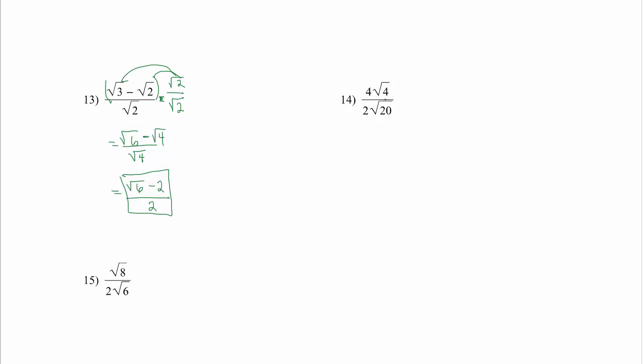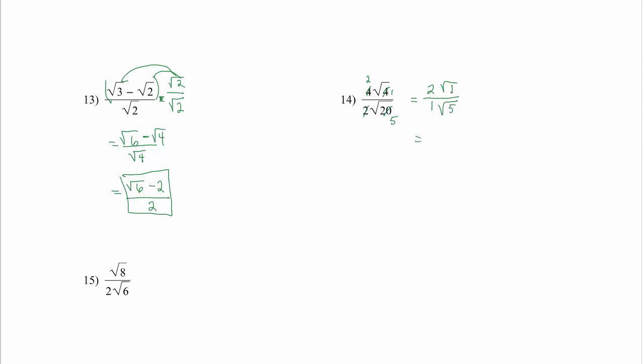All right. We have no pluses and minuses, which is nice, but we have numbers on the outside. Can we reduce this? 2 goes into 4 twice. Can I even reduce this? I can. 4 goes into 4 once, and 4 goes into 20 five times. So if we simplify this, we have a 2 on the outside, square root of 1 on the inside, over 1 on the outside, square root of 5 on the inside.